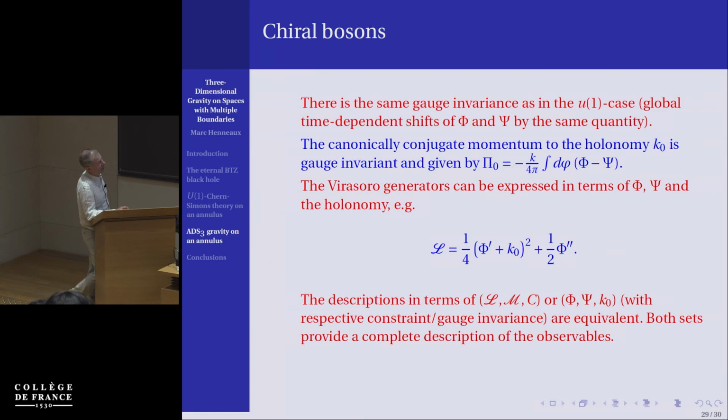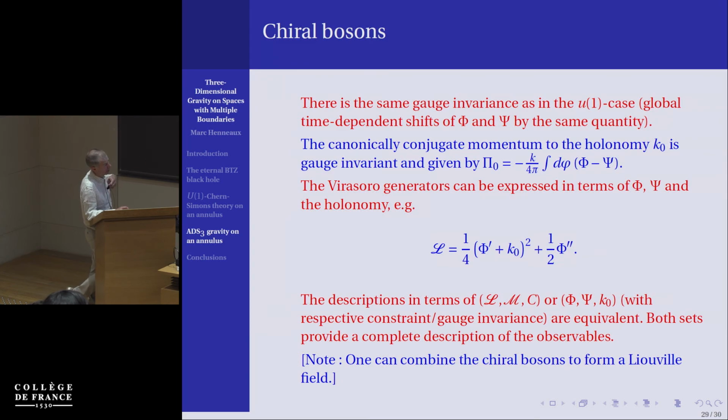In the sense that both sets provide a complete description of the observables, and actually one can even combine these. In this description, you can go beyond and compare with Liouville. That can be done, but I'm not going to discuss it here.